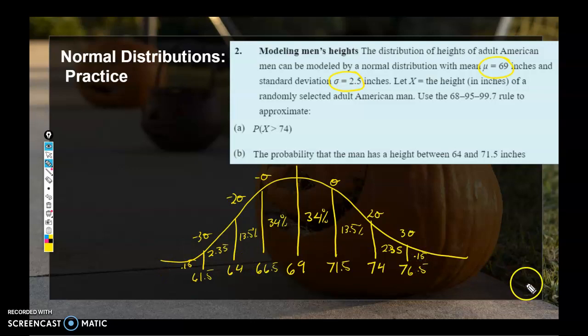If I wanted greater than 74, all I'm going to do is add up both of these slices. So that's 2.35 plus 0.15.